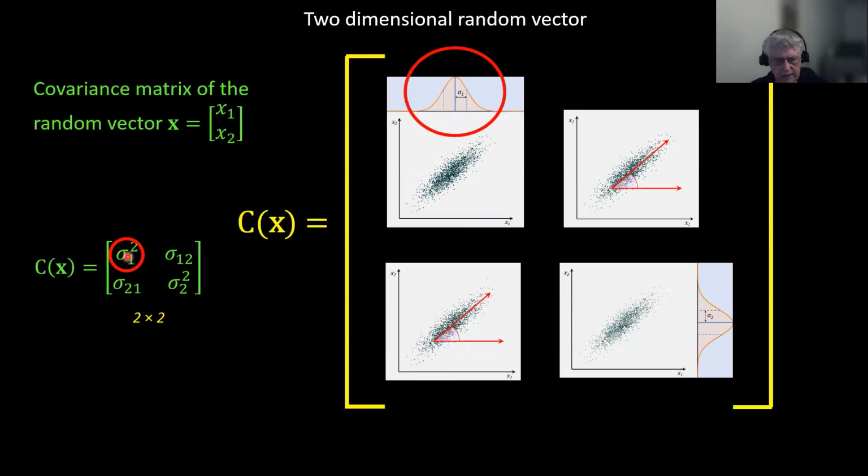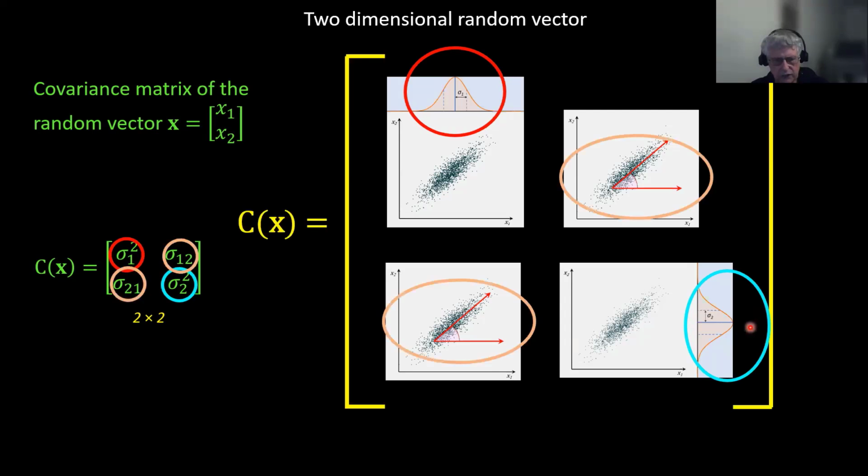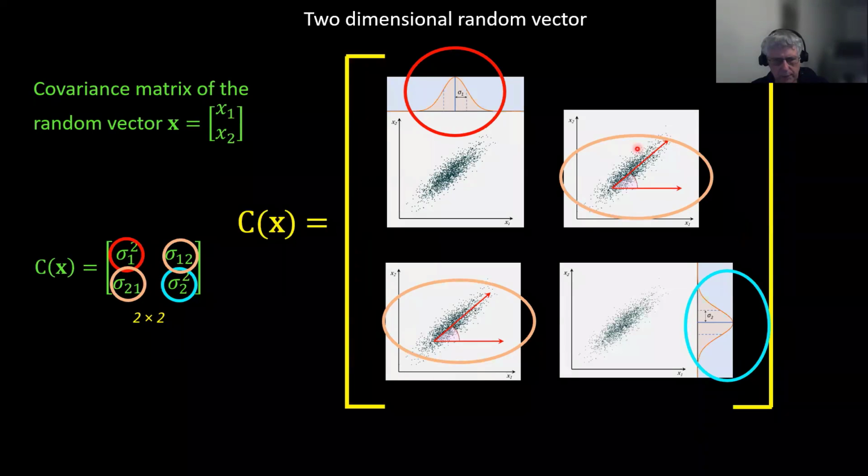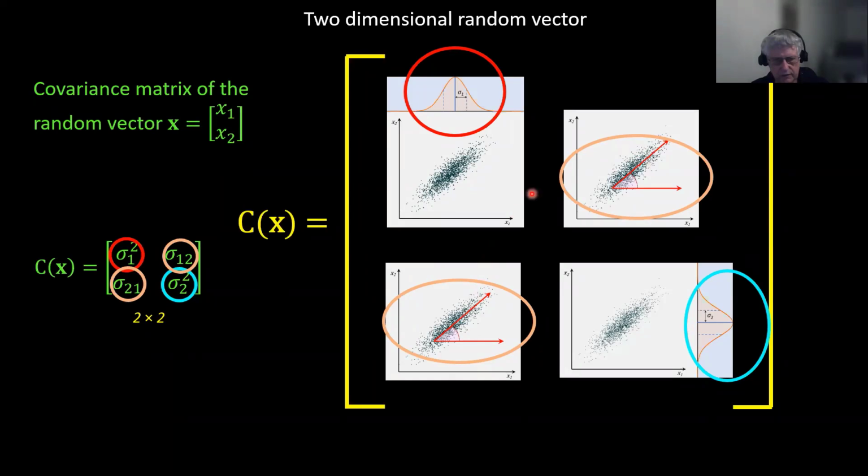that's the variance of x1, which pertains to the marginal variability of x1. Down here, we have the variance of x2 pertaining to the marginal variability of x2. The off-diagonal elements tell me about the statistical interrelatedness of x1 and x2.